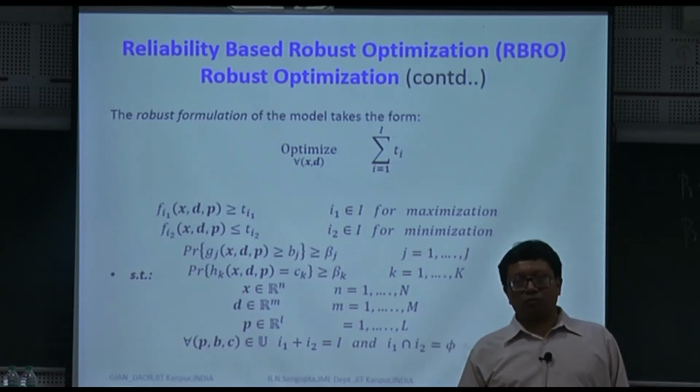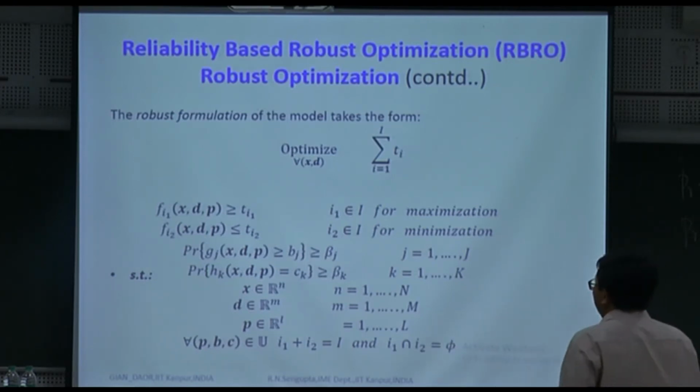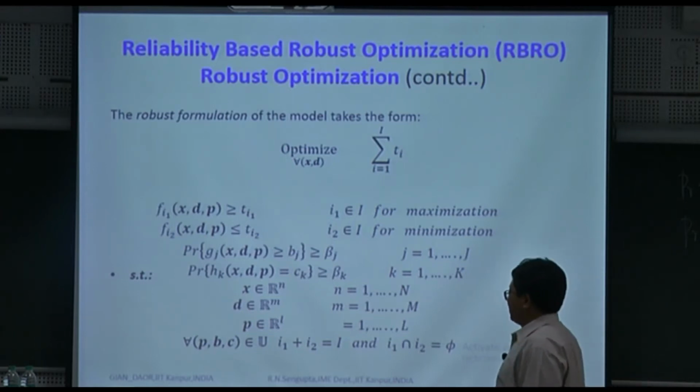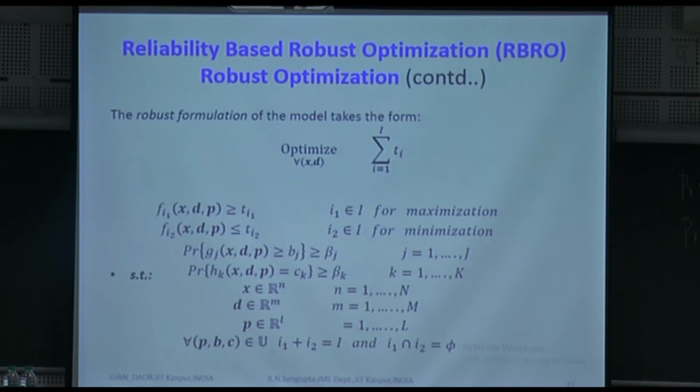While in the robust case, I have not considered any changes for the constraints. So when you combine both of them, the constraints would be x MPP, p MPP, without the probabilities, and obviously there would be further changes.